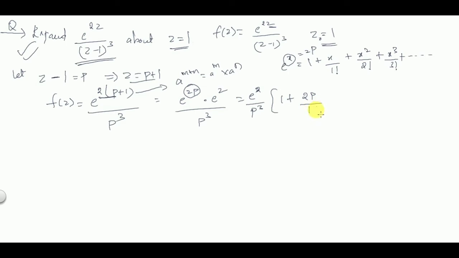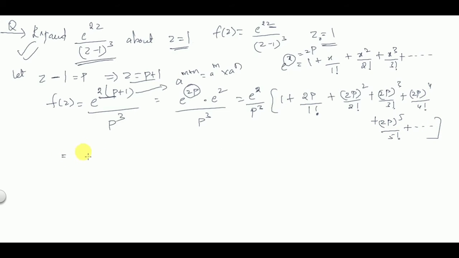plus 2p by 1 factorial plus (2p) whole square by 2 factorial plus (2p) whole cube by 3 factorial plus (2p) to the power of 4 by 4 factorial plus (2p) to the power of 5 by 5 factorial plus so on.